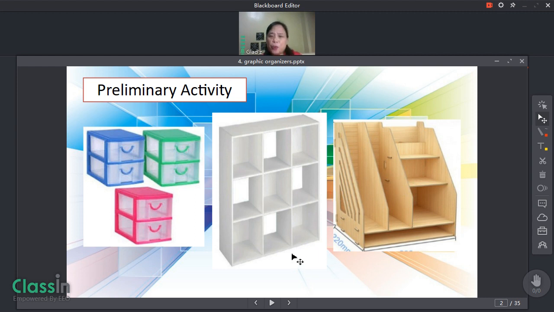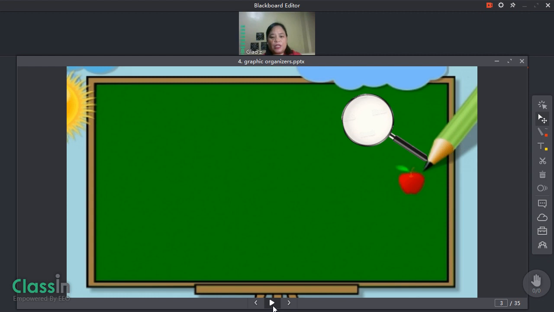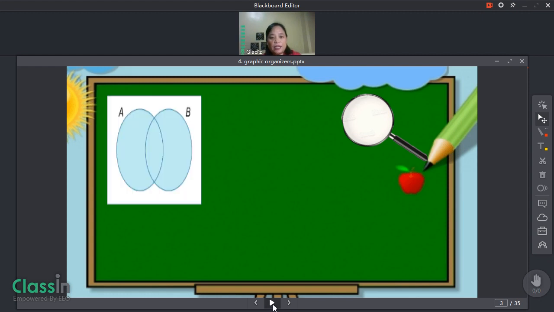Do you know, class, that in our subject in English, we also have organizers? Maybe you are familiar with that. Look at these pictures. These are the organizers that we use in English subject, to organize information or details.